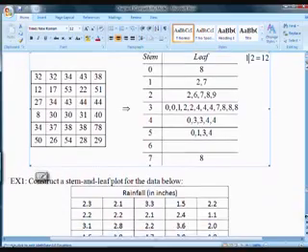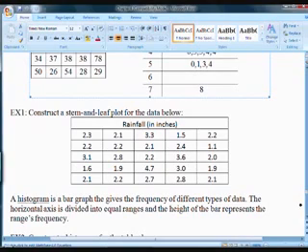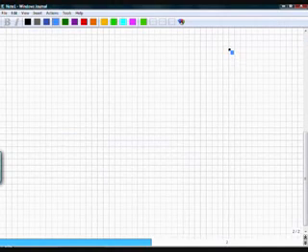So, first problem, we jump straight into an example. It says construct a stem and leaf plot for the data below. Notice instead of having numbers like 13, 14, 23, 38, we have 2.3, 2.1. You can make a stem and leaf plot for this, but you've got to be careful about the key. Let's start out with a key.